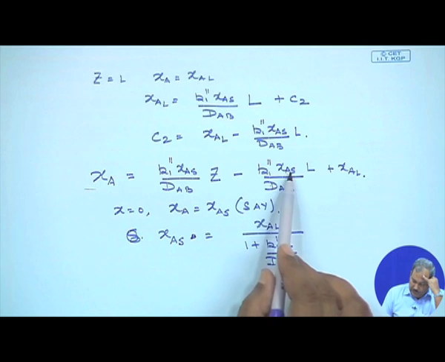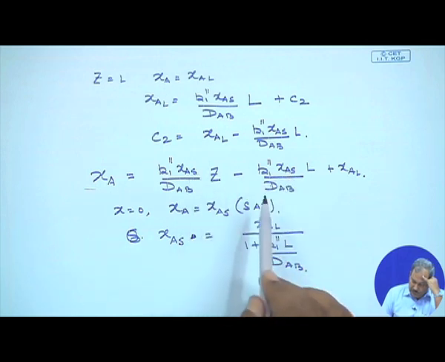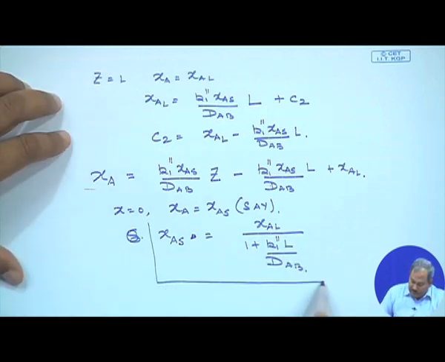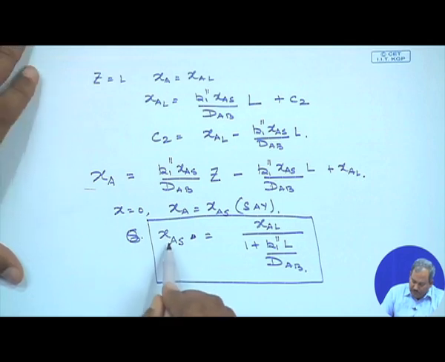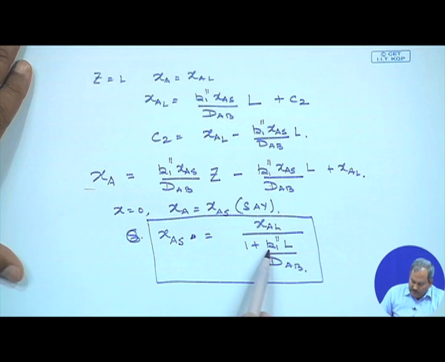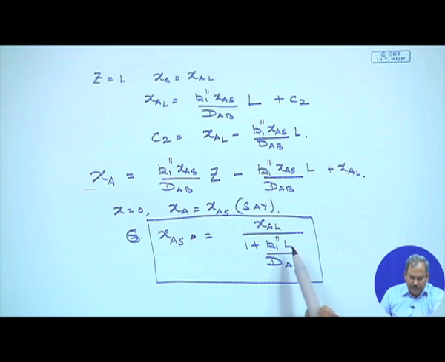If you take XAS common out of this, what you would get then is XAS equal to XAL divided by 1 plus K1 double prime L by dAB. So, I have obtained an expression for XAS, the mole fraction of component A on the catalyst surface, in terms of the mole fraction of component A in the exhaust gases, the rate constant of the reaction, the diffusion coefficient of A in B, and the thickness of the film.